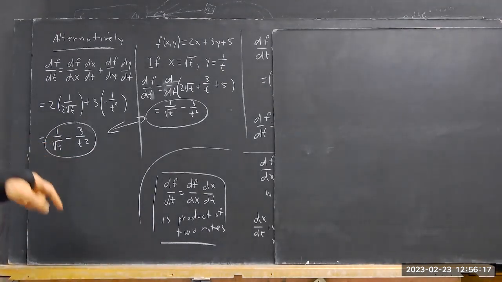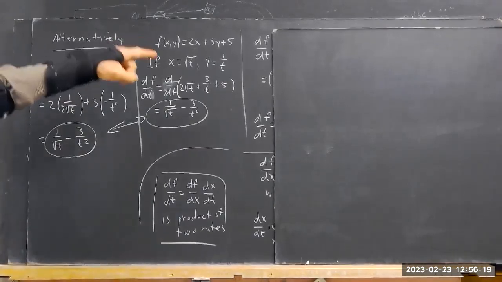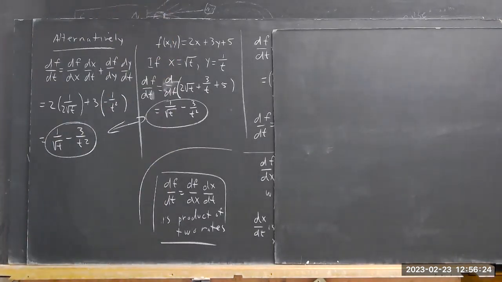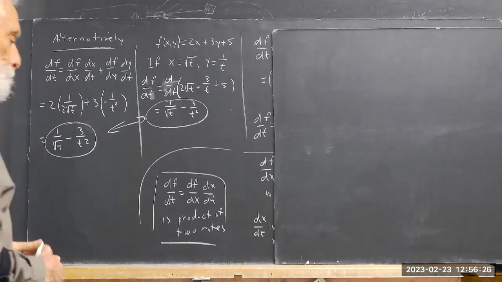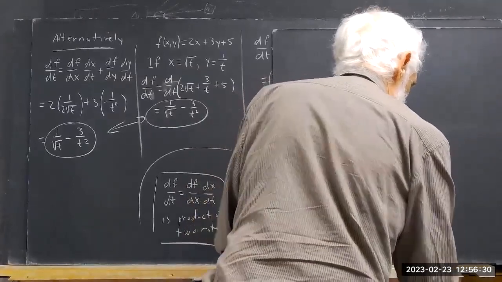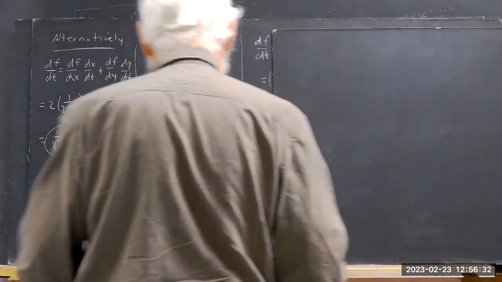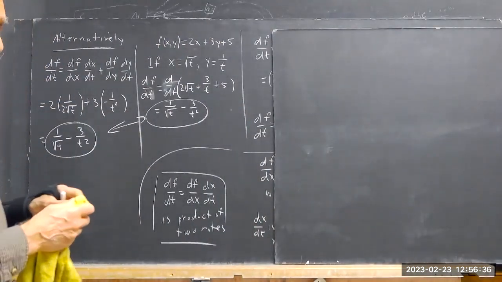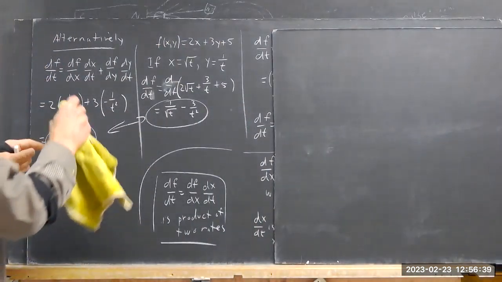But once you get used to it, df/dx is just a simple derivative, and df/dy is a simple derivative. And actually, I'm writing this wrong. I'm just being careless, but I've been working on becoming famous for that. Okay.